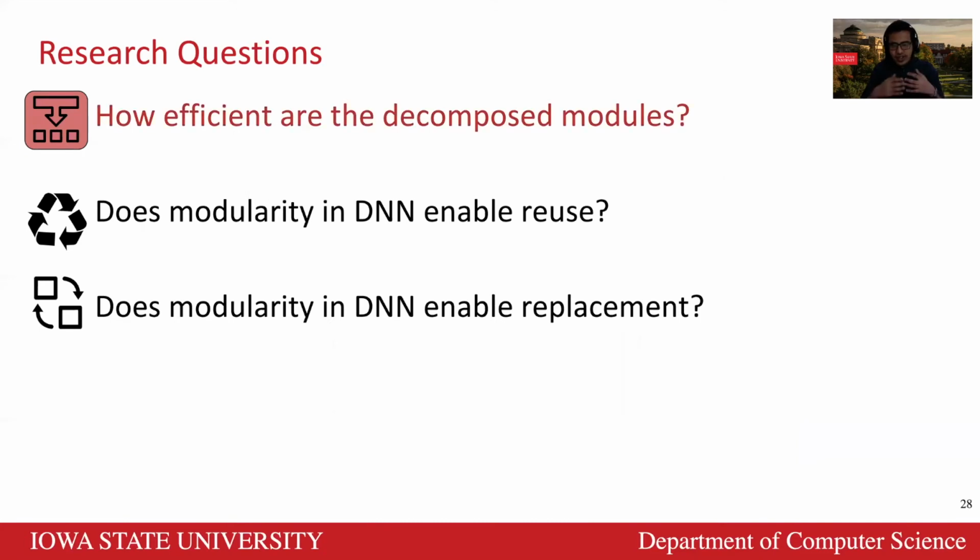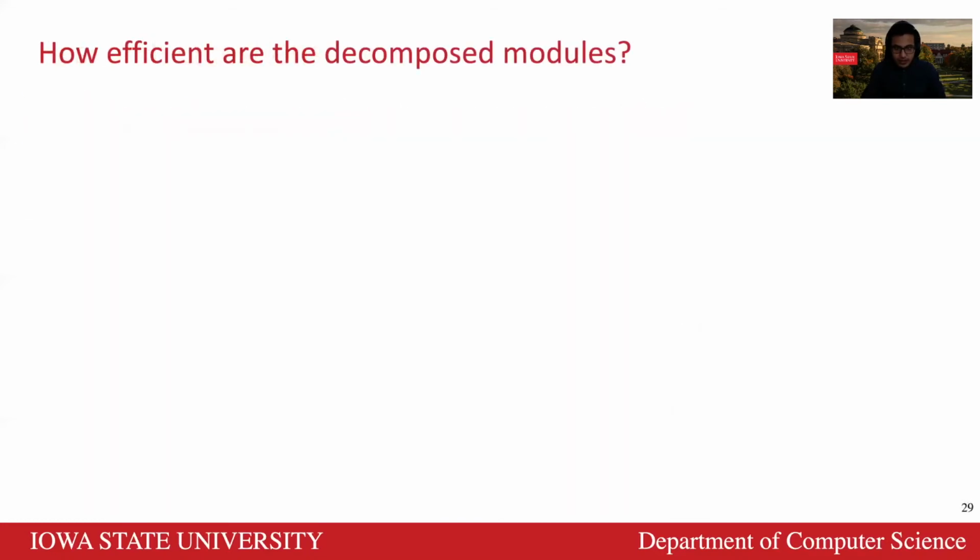Modularity has traditionally been associated with some loss of performance. Abstraction sometimes costs in performance. Here, by answering this research question, we want to find out: does the decomposed DNN model have a performance cost also? If we find that the decomposed modules are efficient, it tells us that decomposition is not losing any performance. To answer this research question, we evaluate the 4 different proposed techniques to identify tangling constants.